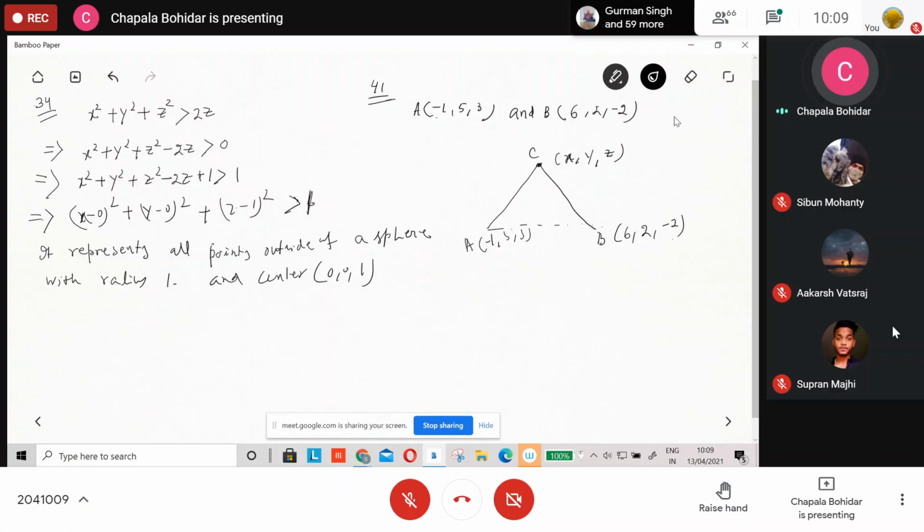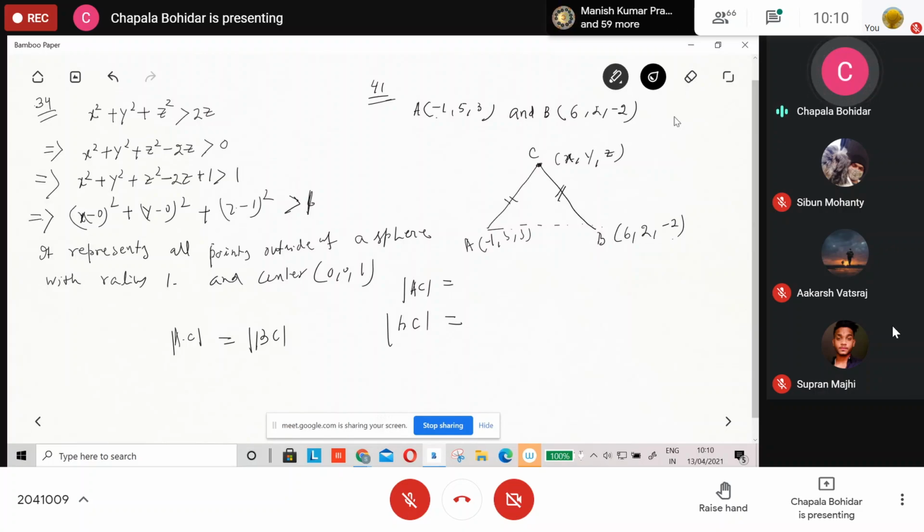Say it is C. So you see, it is an isosceles triangle. This side and this side both are equal. It is given. Equidistant, it is given. So what will we do here? Distance formula. Yes, you have to find out, then AC and BC, write down these two are equal and simplify.